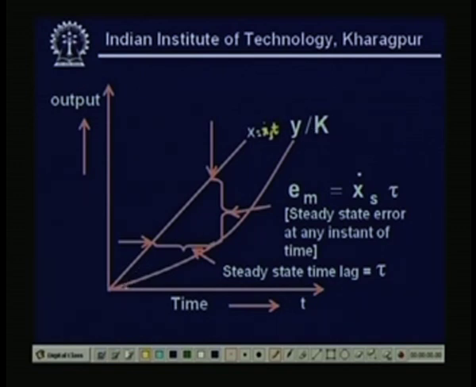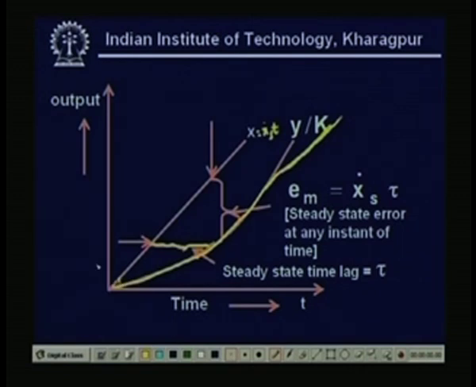Actually, this should be parallel to the input; I cannot draw it nicely. Here you can see the steady state time lag of the system. Initially the time lag is very small, but as the time grows we have a steady state time lag which is tau. And the steady state error at the initial stage is also very small.